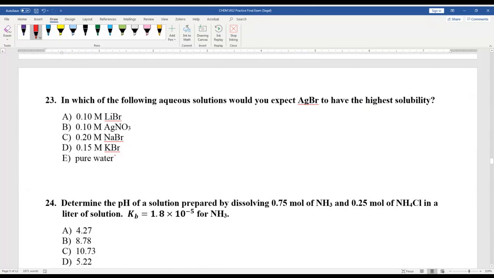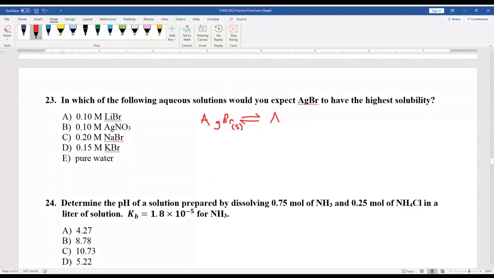In which of the following aqueous solutions would you expect AgBr to have the highest solubility? So in this case, we need to recognize the common ion effect of Le Chatelier's principle. This AgBr is a sparingly soluble salt, which means it's only partially soluble. Only very little of it is actually going to break apart.